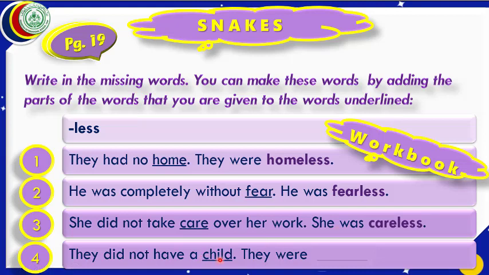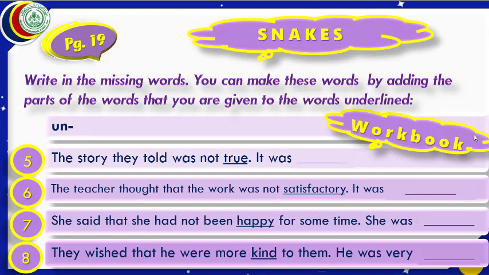They did not have a child, they were childless. Yes, students. You can see the dash was before less. That is why we added this less at the end of given words. Yes, students, this is part number 5.